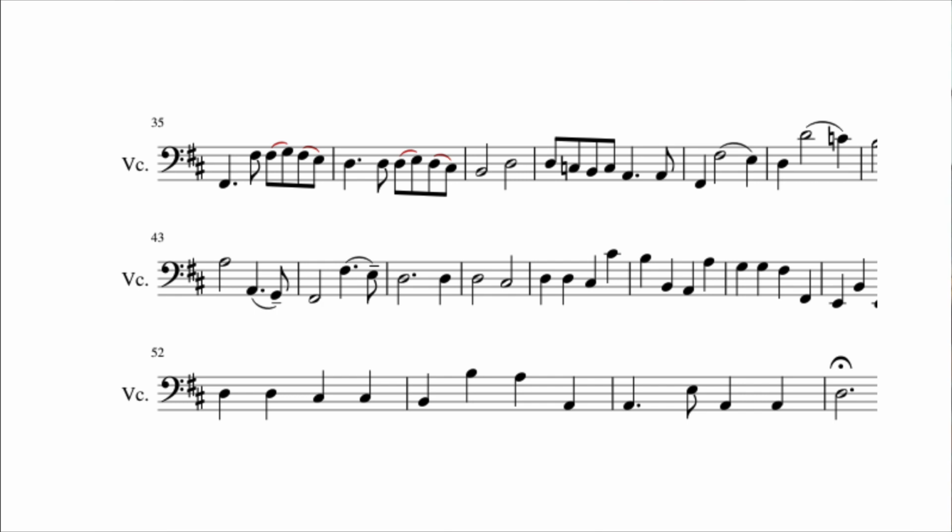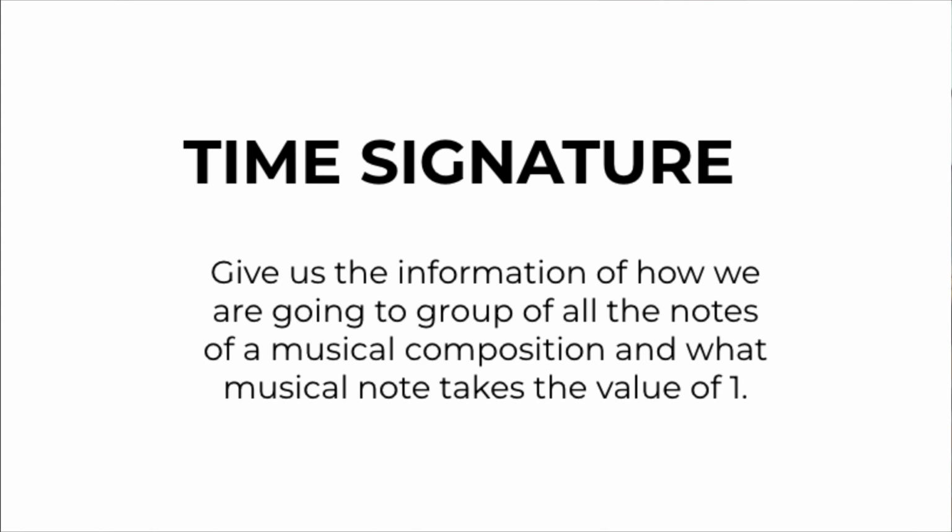It also lets us know what musical figure, whether it's a quarter note, a half note, or a whole note, is going to take the value of 1.